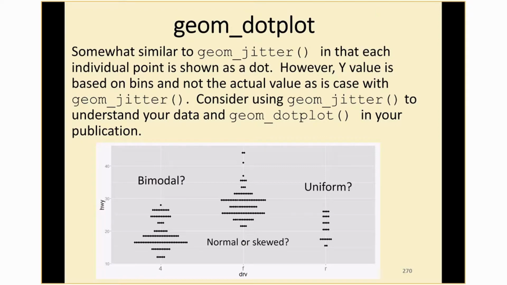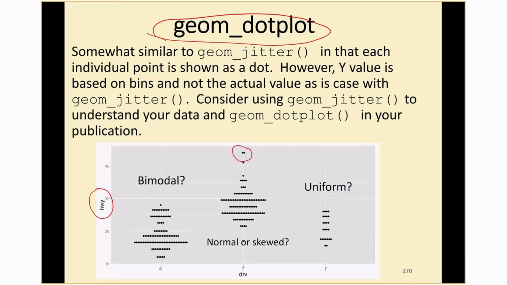So the last geom for examining distributions that I want to look at is geom_dotplot. And geom_dotplot is a little bit like geom_jitter in that if we look at the data frame mpg and we're interested in highway mileage, each one of those 234 data points in mpg, its highway mileage is going to show up as a separate dot.